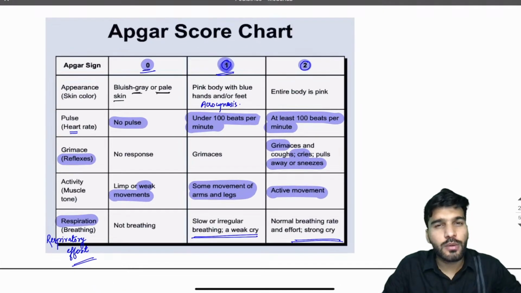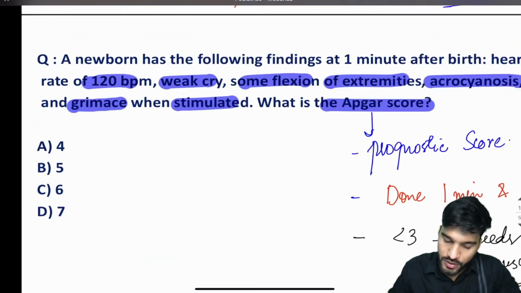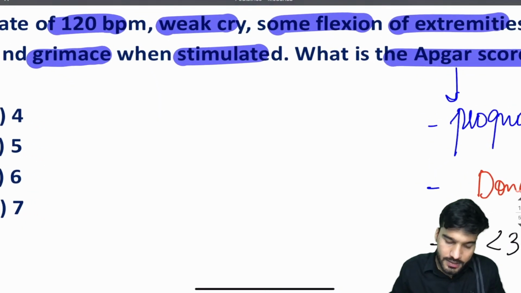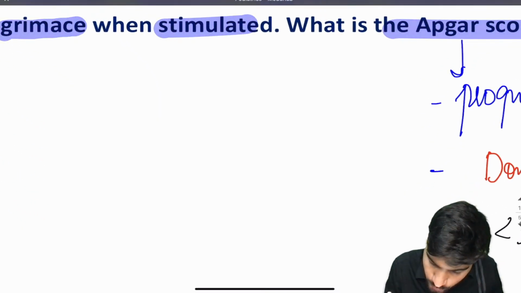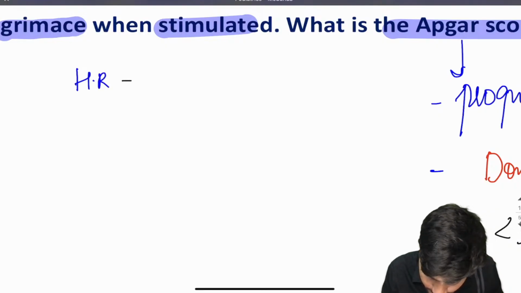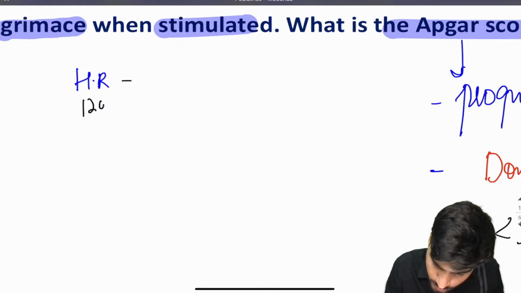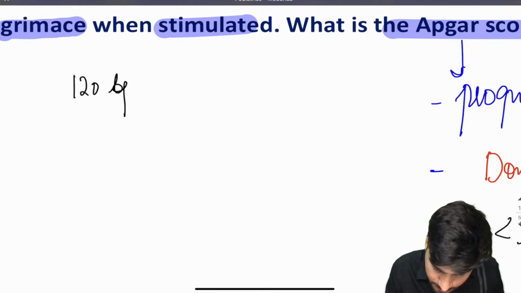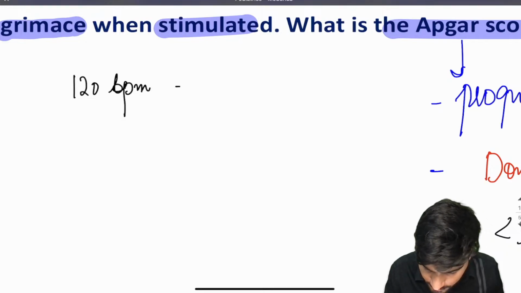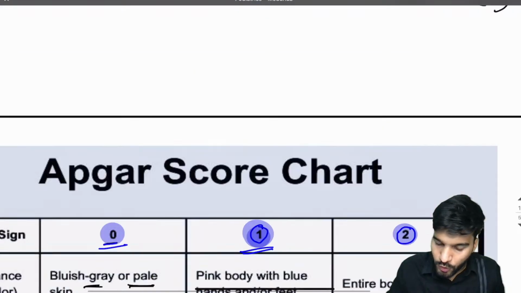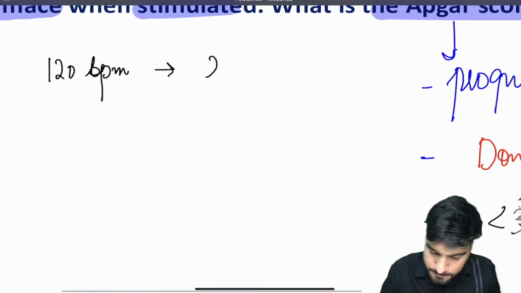So let's calculate whatever is given in the question, guys. First of all, the heart rate is given. The heart rate is 120 beats per minute, which is more than 100, so that is a score of 2, so 2 points.